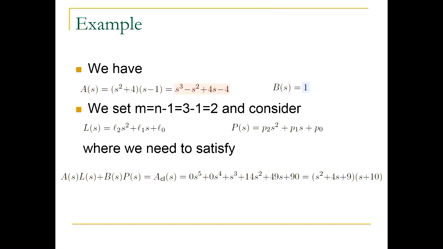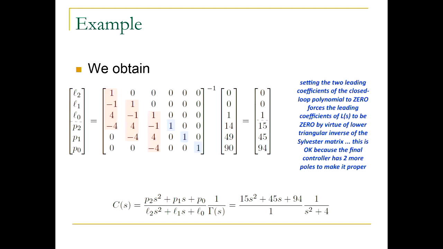Because of that, I'm allowed to put zeros here. By the way, if I do this, you will see that the top polynomial in the controller is second order, and the bottom polynomial is first order from the choice that I had.